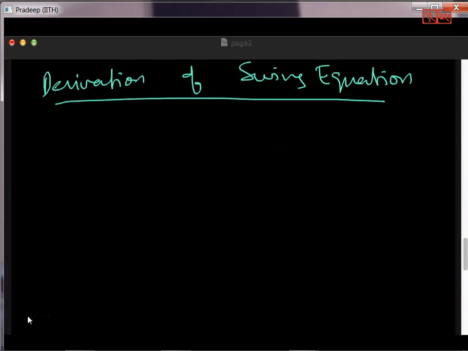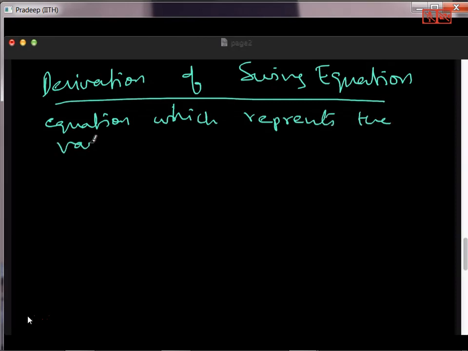The swing equation is the equation which represents the variations in delta. Let's see what this delta is, we'll come to it.